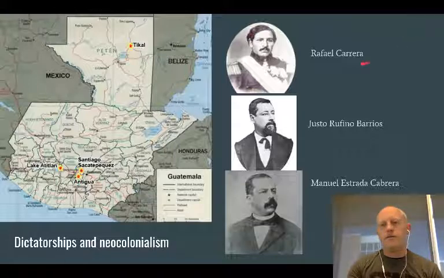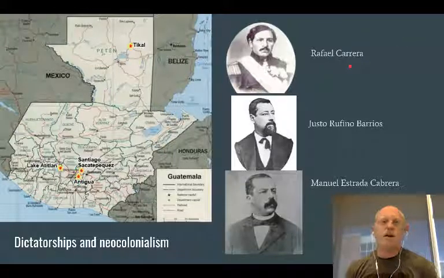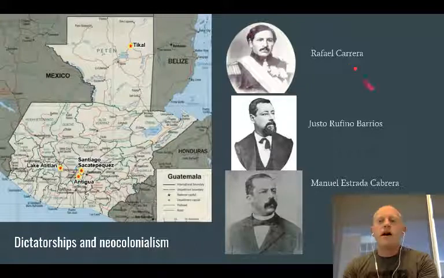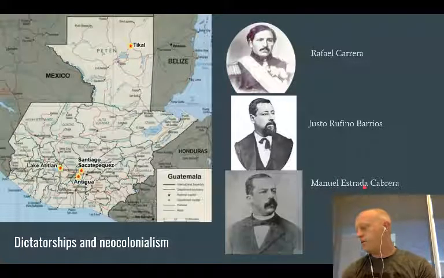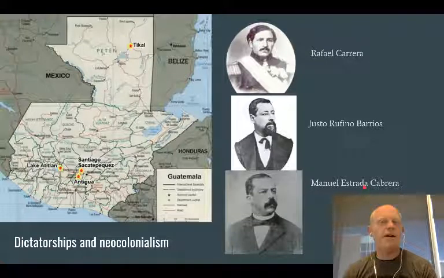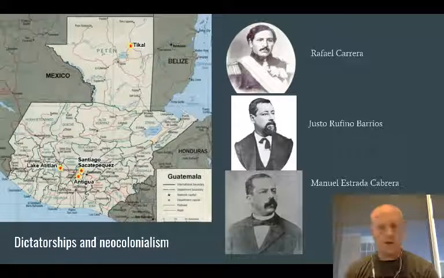These were the main figures from about the 1860s through the 1920s that held power in Guatemala. Manuel Estrada Cabrera held power between 1898 and 1920. This was the longest continuous dictatorship in Central America for the whole independence era.